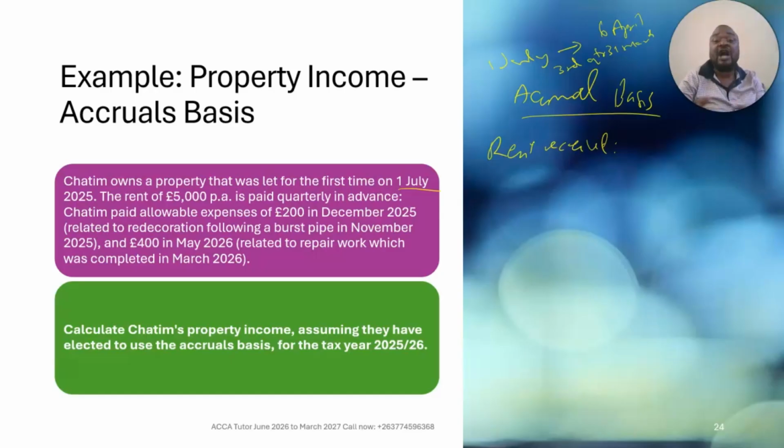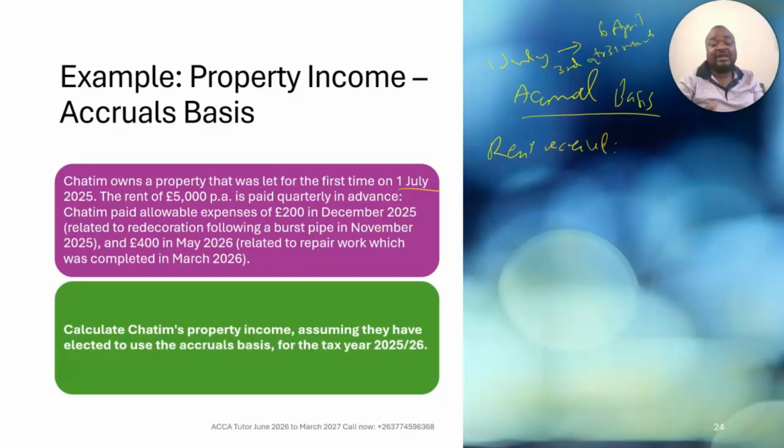But we are using the accrual basis. The accrual basis means that you need to match the income with the relevant period to which it relates. So income which is paid on the 1st of April is not relating to the current tax period, but it is relating to the tax period of 2026-2027. That's the accrual basis.